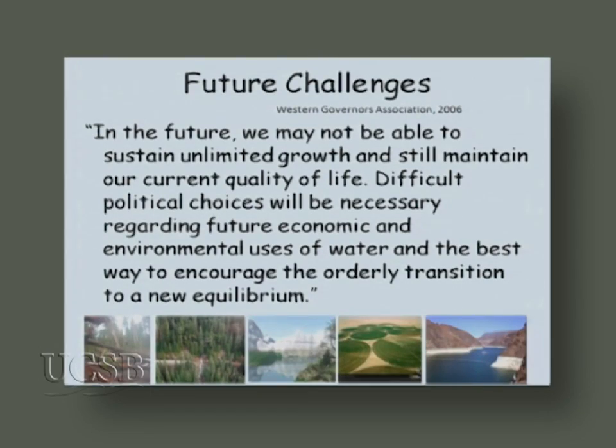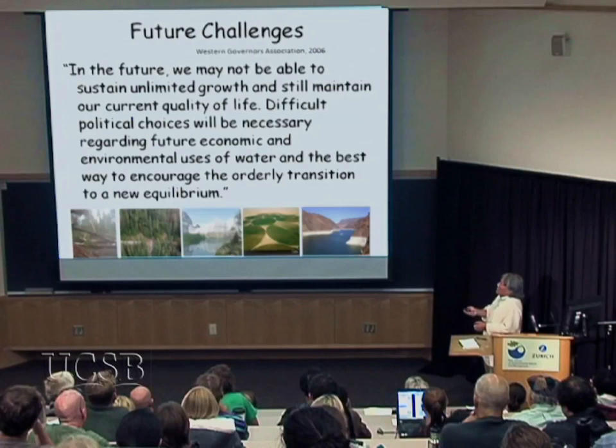So as I mentioned in the Western governance, or in this part of the world, we're looking at how do we actually understand that we can't sustain unlimited growth, but how do we actually enhance quality of life under these changing times, and really coming to grips with what type of political choices we need to make so that we have both economic development and sustained environmental uses.